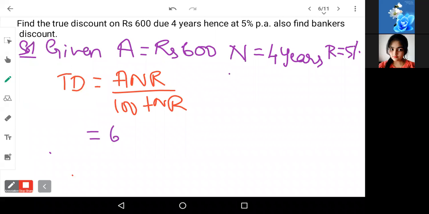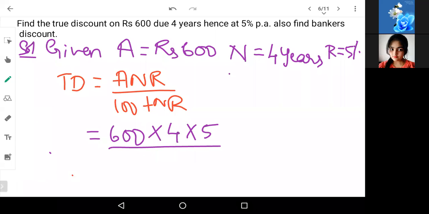So A is 600 into 4 into 5% divided by 100 plus N is 4 into 5.